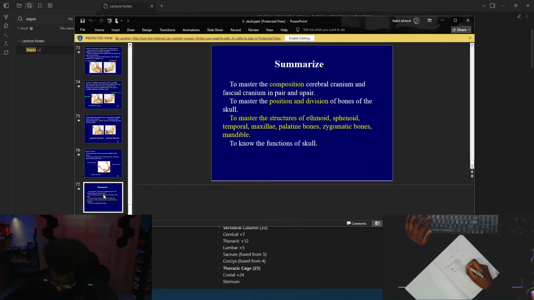So zygomatic as well, yes. Okay. As for this skull.